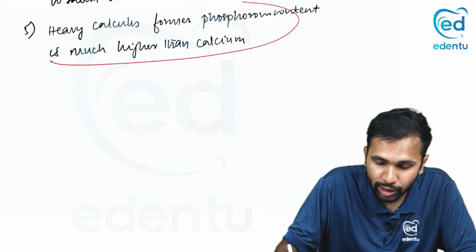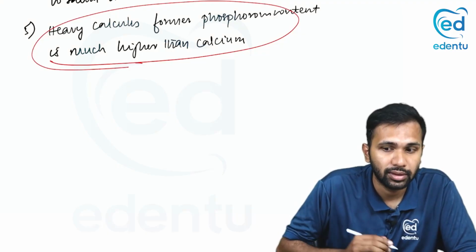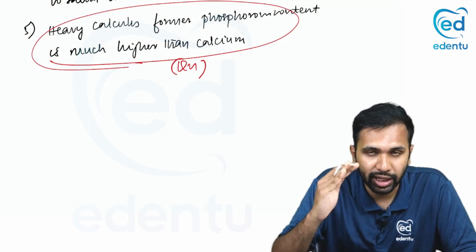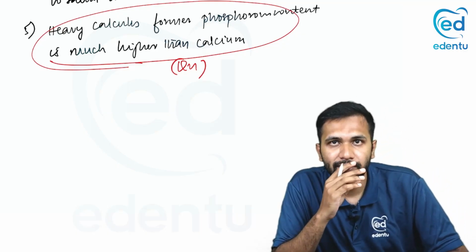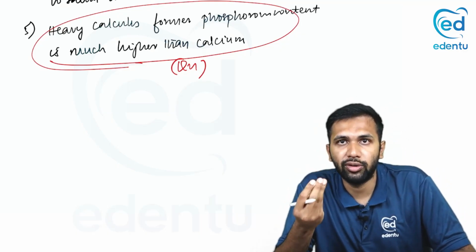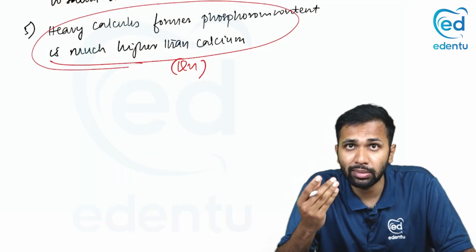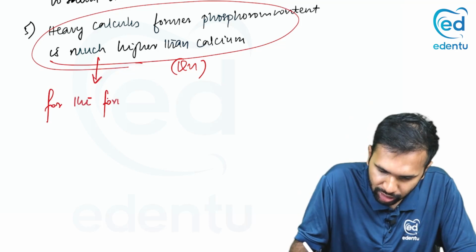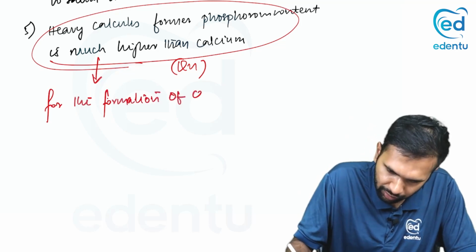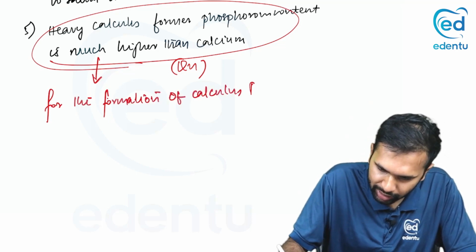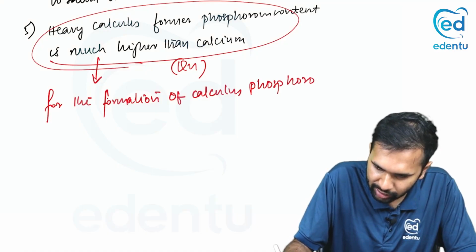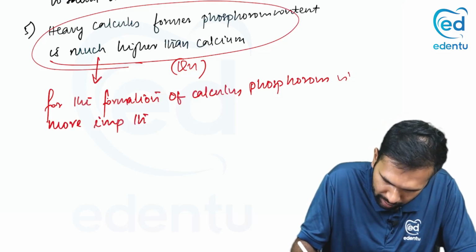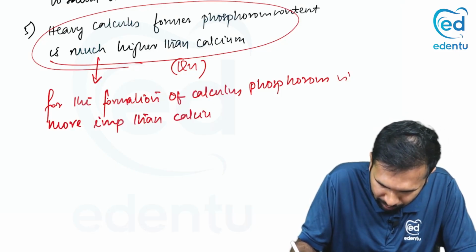That means, what do you infer from this statement? Has been asked again. What is inferred from this statement? That in heavy calculus formers, there is more concentration of phosphorus when compared to calcium. What I mean by this statement is that, write it down, for the formation of calculus, your phosphorus is more important than calcium.